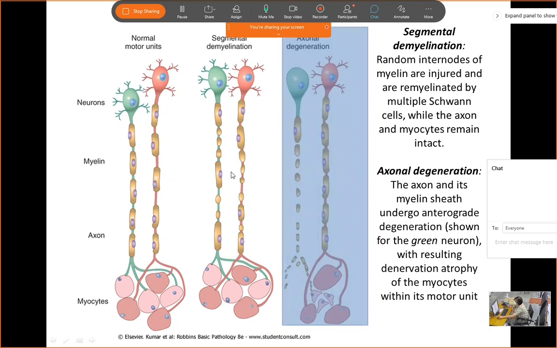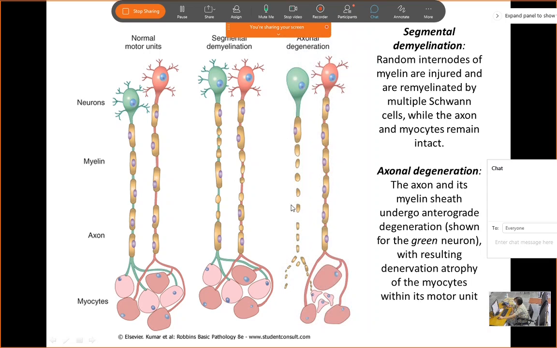Axonal degeneration, here, if you look at this, compared with this is normal. The neuron is normal, myelin is normal, even the myocyte, which is innervated by this, is normal. However, you look at this is axonal degeneration. When the axon is degenerated, there is anti-retrograde degeneration, meaning to say that from the muscle towards the neuron.